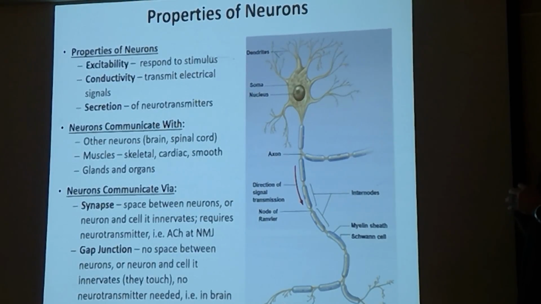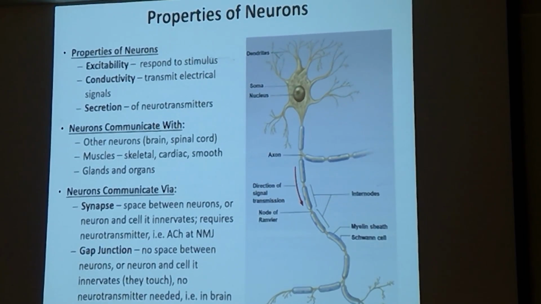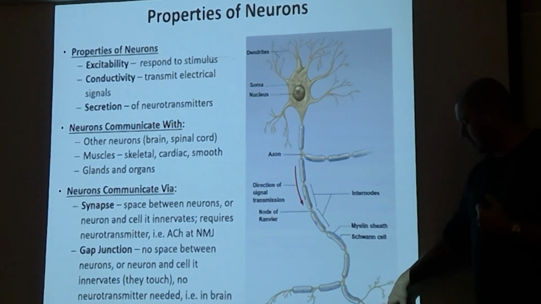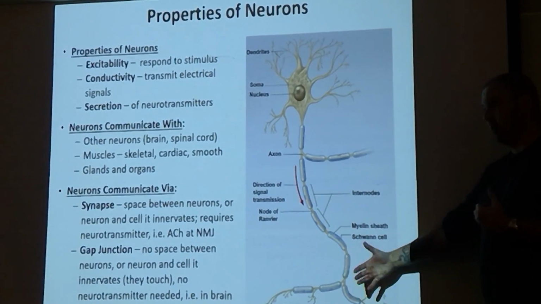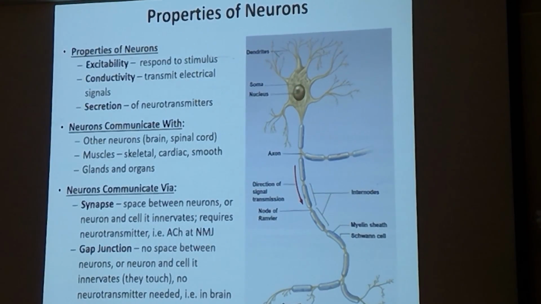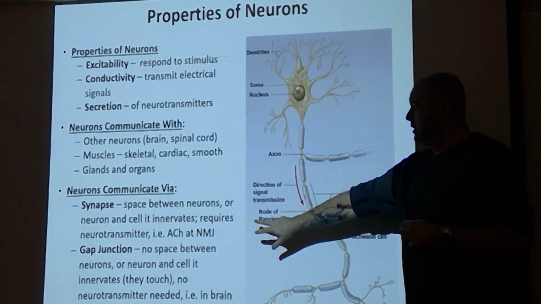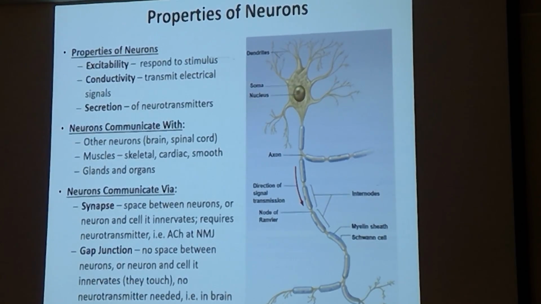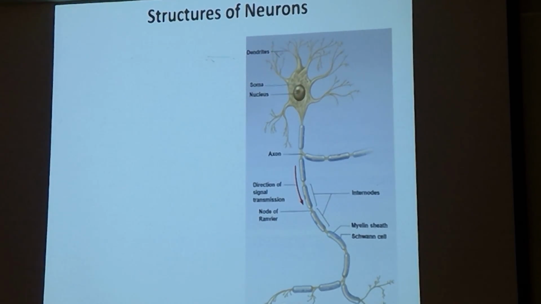Basically, they're touching, so the cells are connected and sharing cytoplasm. You don't have to send out a signal; you can just have that voltage change go from one cell to the next. We'll see both examples. We've already seen the first: at the neuromuscular junction we saw the synapse, and with the gap junction the cells are simply connected and sharing cytoplasm.